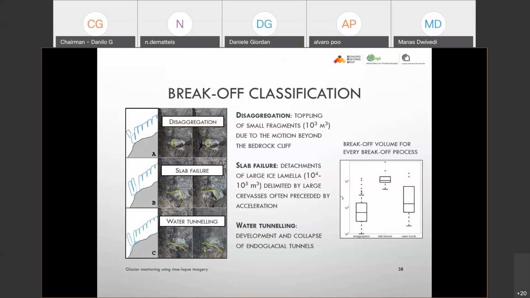But also the empty cavities can collapse themselves, and these two processes are linked to a large content of water inside the glacier.